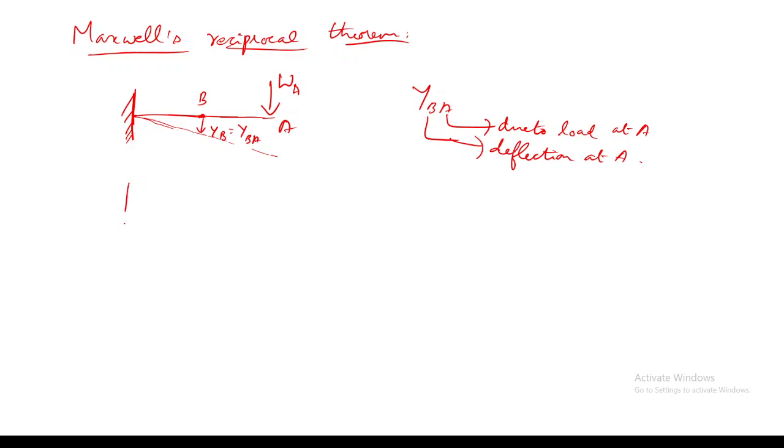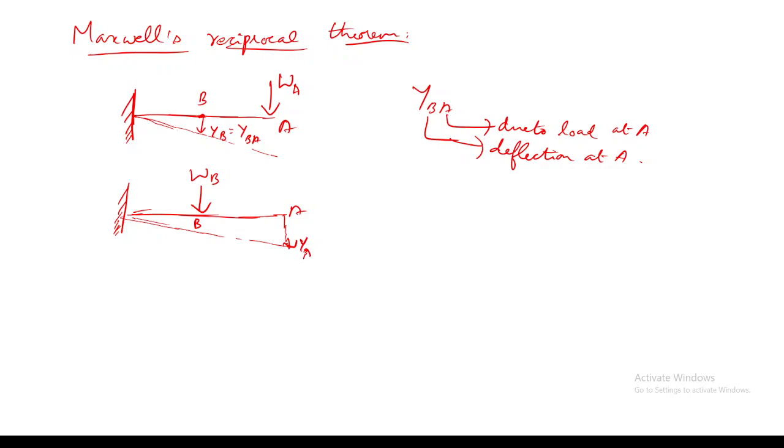And then I have an identical beam, and the only thing here is the load is acting at point B, whereas I need the deflection at point A. And this is nothing but YAB.